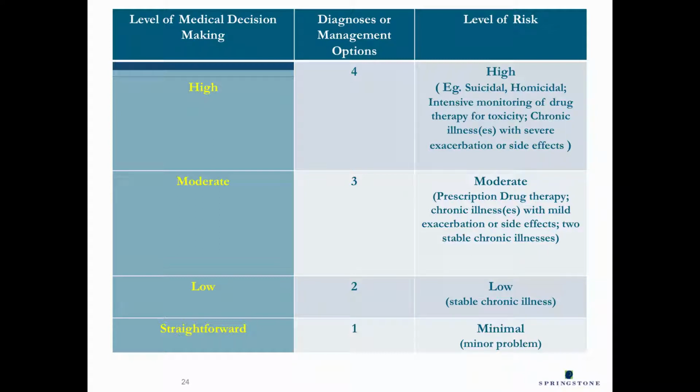The level of risk from high to low, I've given you examples based on the risk table for psychiatry, and let me call your attention to moderate. For moderate risk, according to the risk table, anytime you prescribe a medication, so it's not over the counter, it's prescribed medications, which I would venture that 98-99% of inpatients are on prescribed medications, that automatically puts them at a moderate level of risk.